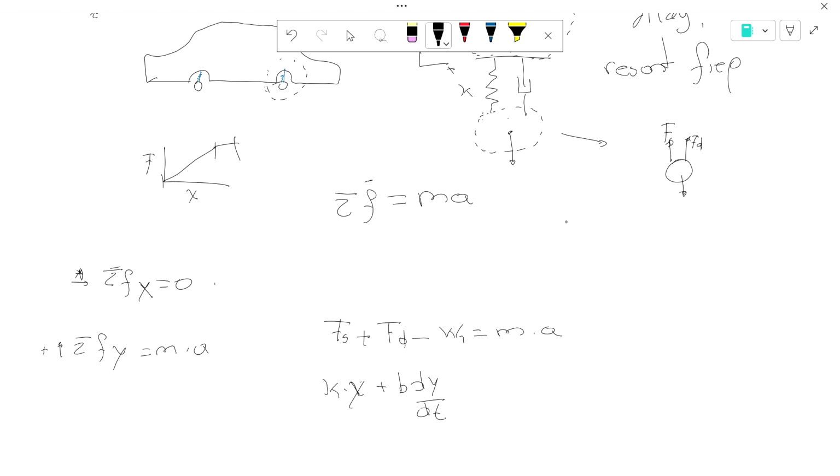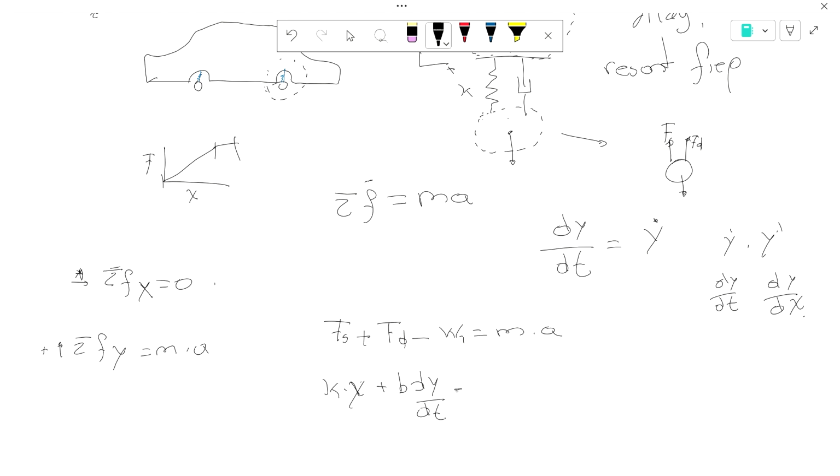Now we're going to learn something here. dy/dt is the same as y dot. This is pretty standard. Now, the difference between y dot and y prime is that y dot is y with respect to time, and y prime is y with respect to space. dy/dx is y prime. dy/dt is y dot.